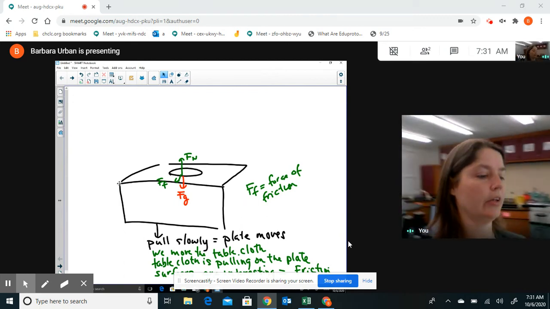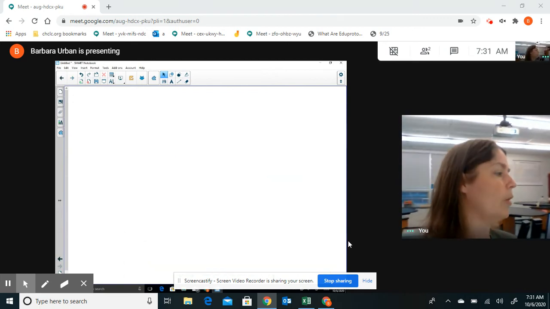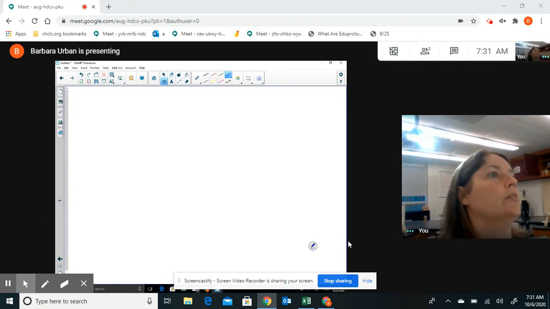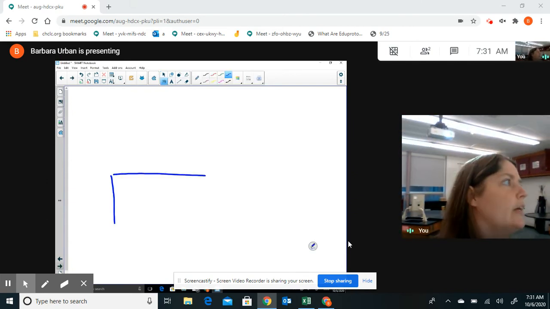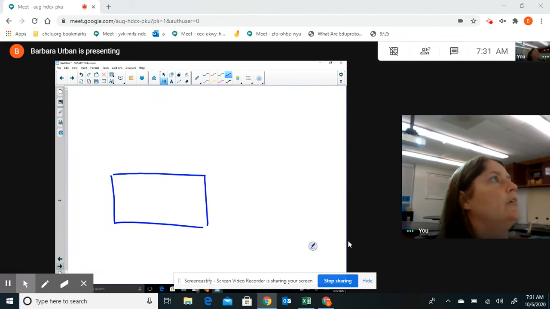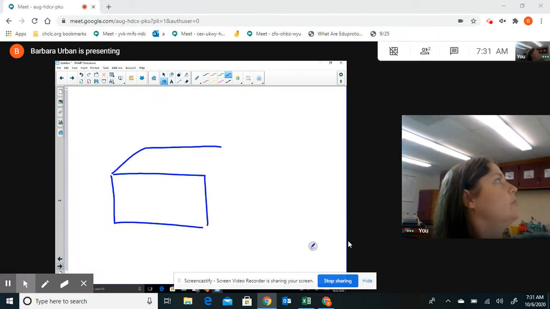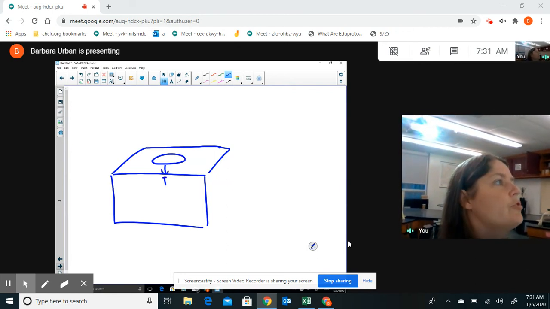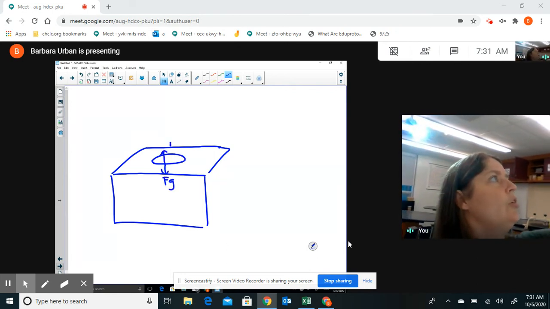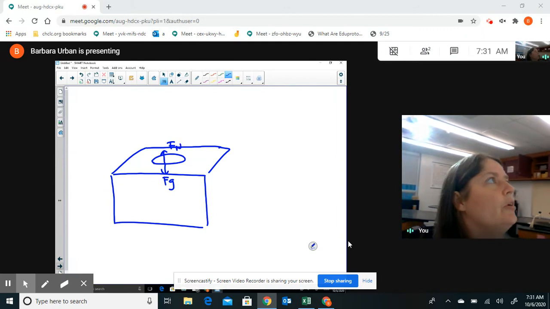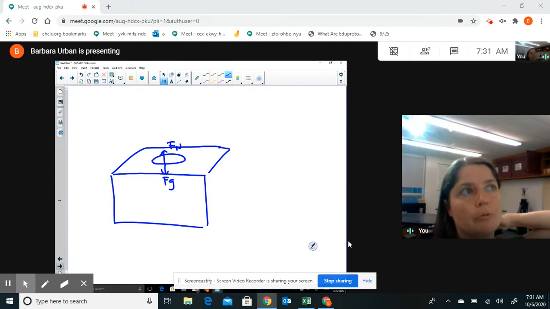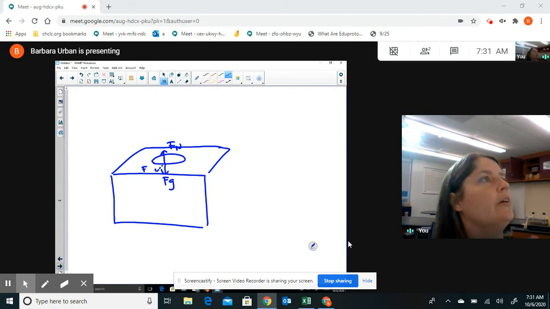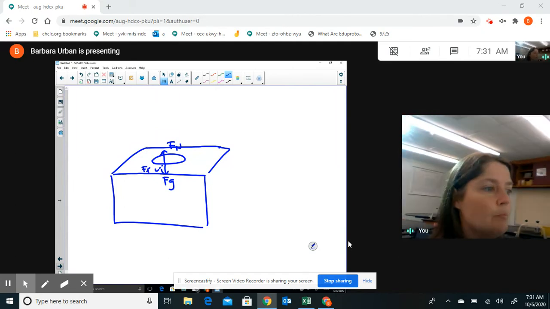So now let's look at when we're pulling quickly. So here's our tablecloth again. Here's our plate again. We have force due to gravity pulling down, force due to normal, the force of the surface pushing up, and we have a frictional force pulling out here, but it's not enough to move it.